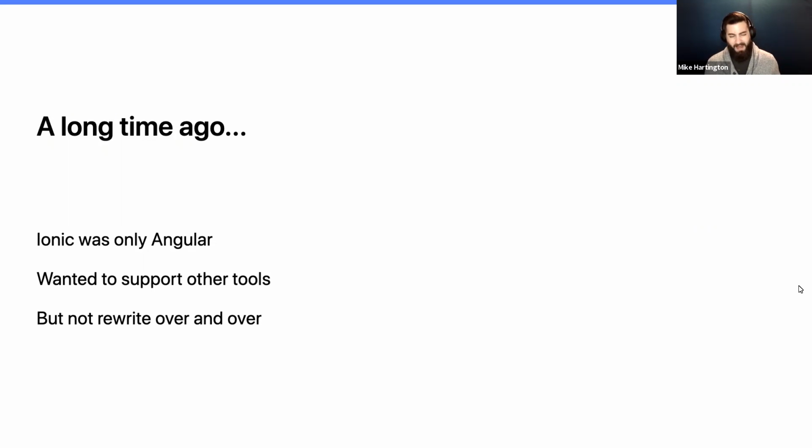The big thing that we wanted to avoid, though, was just rewrite. We didn't want to spend all this time developing for, say, Ionic React or Ionic whatever framework that exists. We didn't want to go through and have to rewrite all of our components over and over and over again. We'd be rewriting the framework multiple times versus just actually maintaining one core.